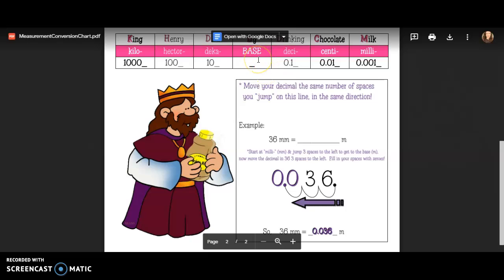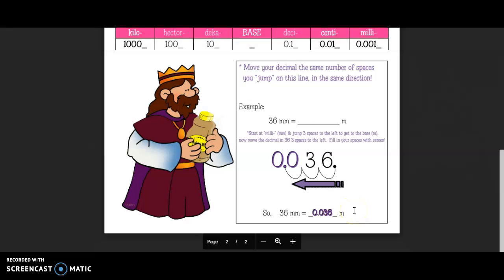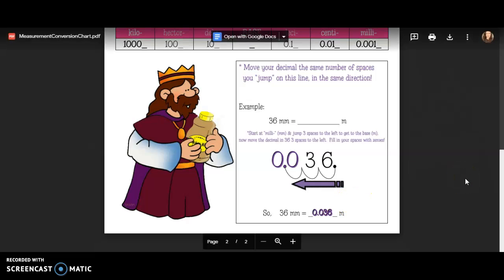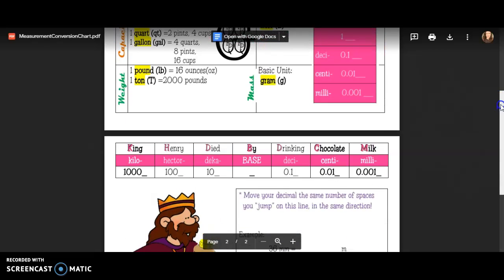So I'm at the base, and now move the decimal in 36 three spaces to the left. Fill in your spaces with zeros. The new number becomes 36 millimeters equals 36 thousandths meters. So that gives you an idea.